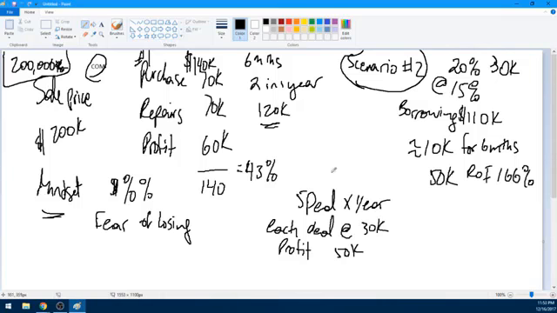At $50,000, you're at $250,000 in profit. Okay, you just made an extra $130,000 with the same amount of money. This is conservatively 5 deals.